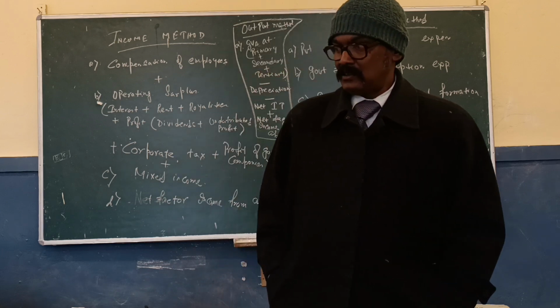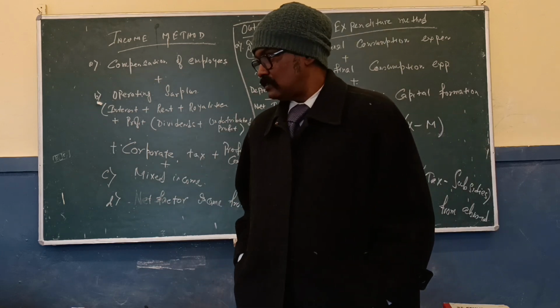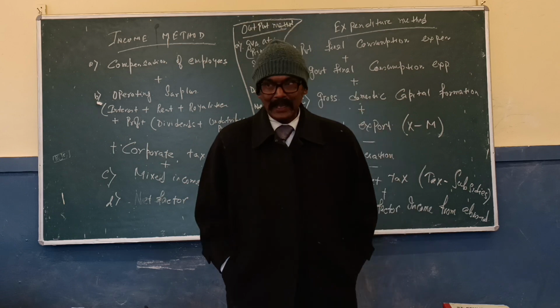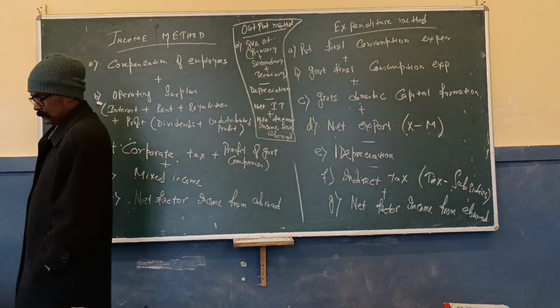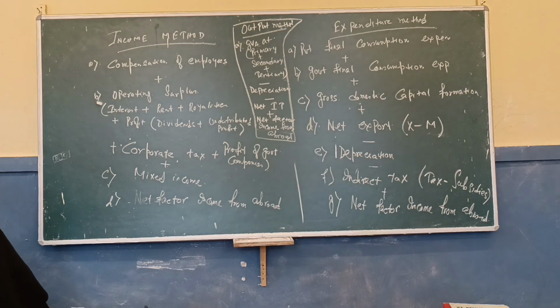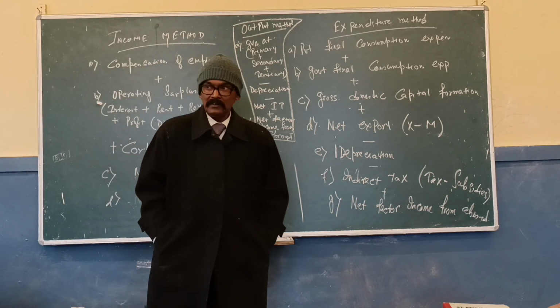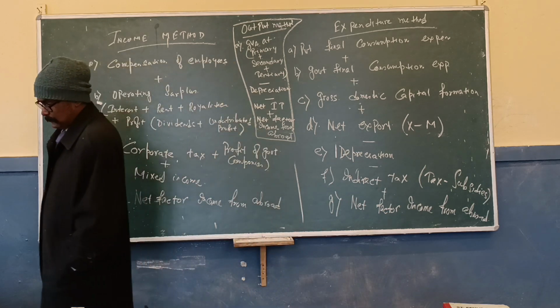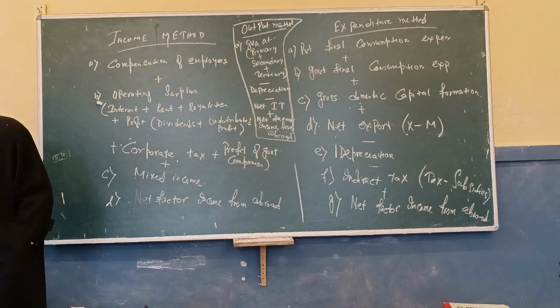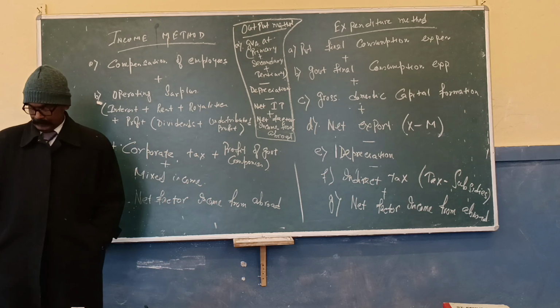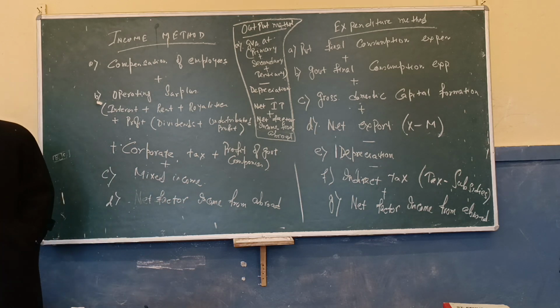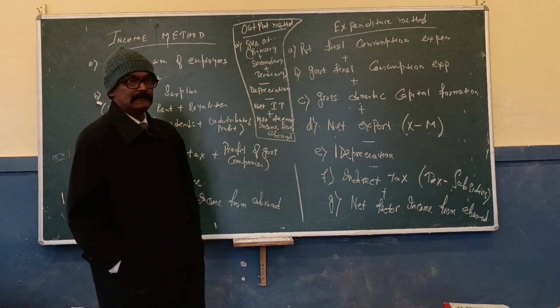Under it, A, primary sector 800. B, secondary sector 200. C, tertiary sector 300.